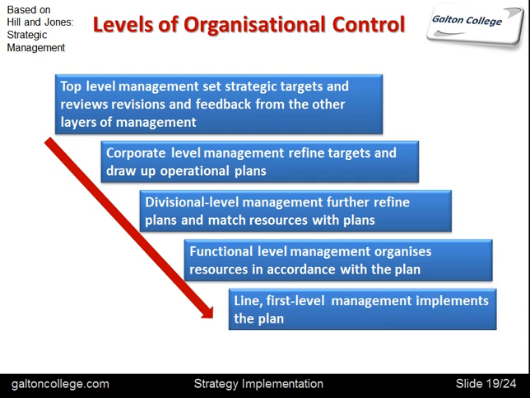The first level management, the line management, implement the plan. So there is a cascading level of responsibility to ensure that the movement from the strategic targets all the way to implementation, that there is managerial responsibility all the way.